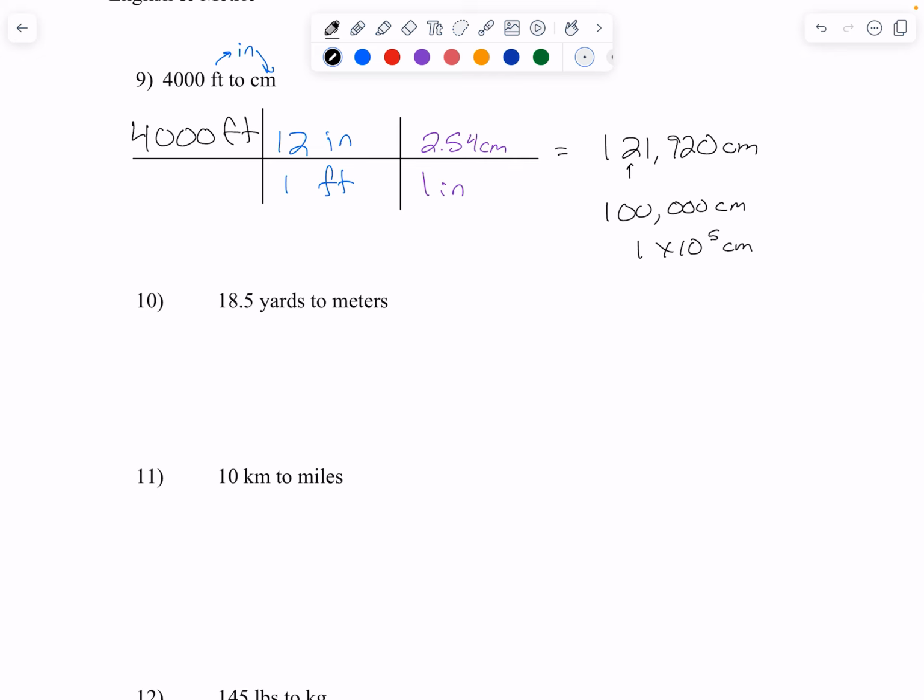18.5 yards to meters. So 18.5 yards, and yards to meters. Now, I'm sure there is a yard to meter conversion. I don't know it off the top of my head. I know that 1 yard is 3 feet.